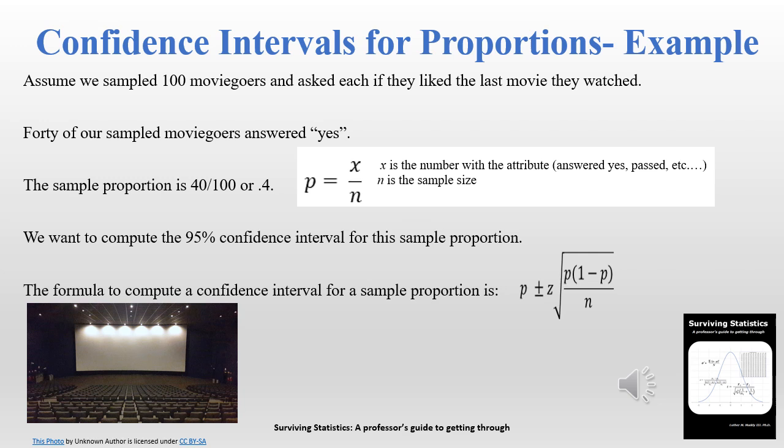What we'd like to do in this case is compute a 95% confidence interval for the sample proportion to see what proportion of the population of moviegoers would like the last movie that they've seen. So in this case, the formula is the confidence interval is plus or minus the z-score times the square root of the proportion times 1 minus the proportion divided by the sample size. We'll go through it with our moviegoers and see how it comes out.